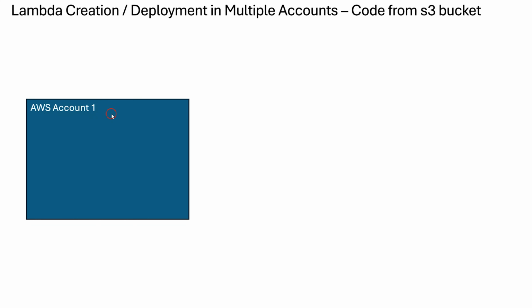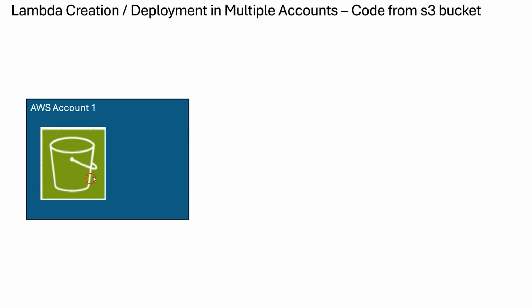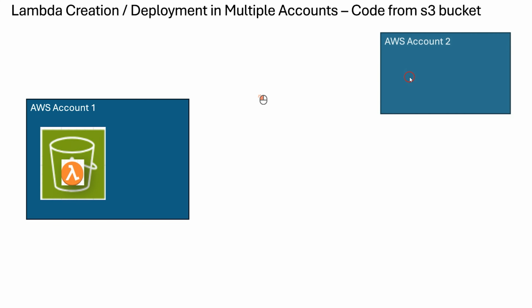You have one AWS account, and here you have an S3 bucket where it stores the Lambda code, so it has the zip file or jar file. Now, this is cross-account access: this is a different account, and this account wants to take the code from this particular S3 bucket and run it, or deploy the Lambda, in AWS account 2. So how do you achieve that?